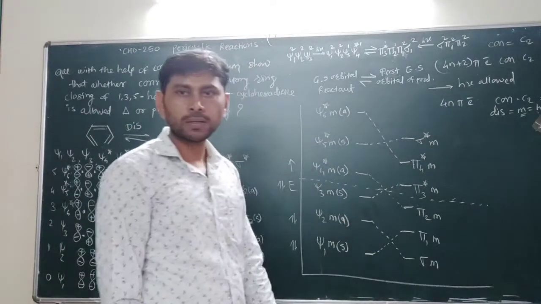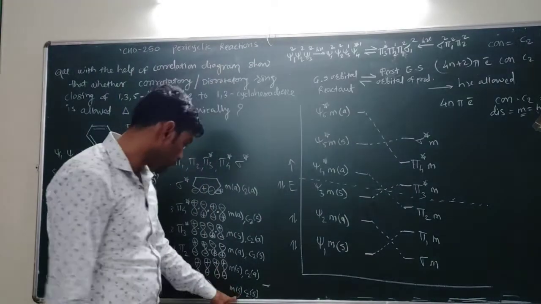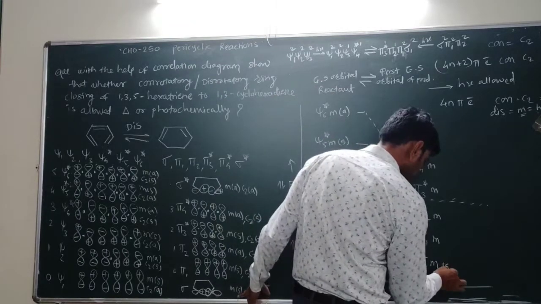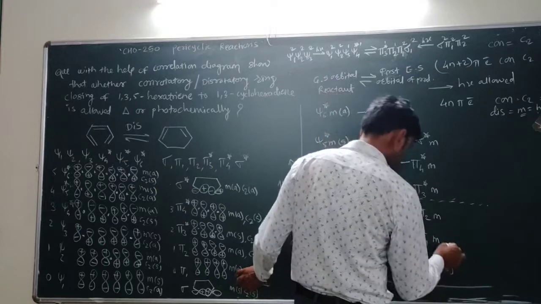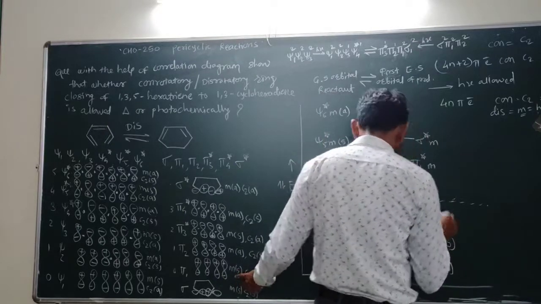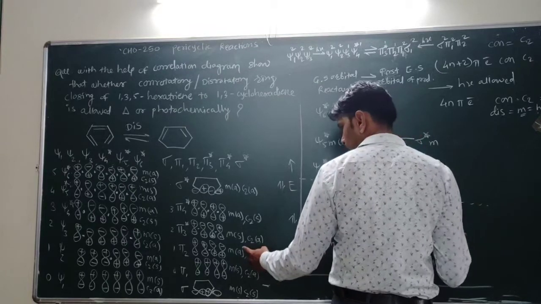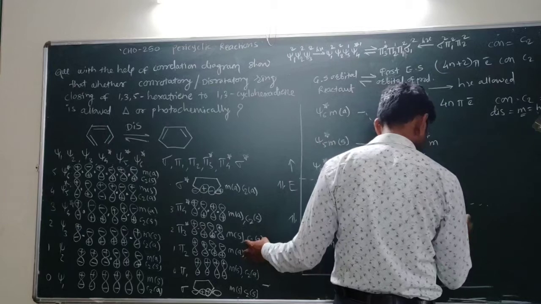Now let's go for the product M symmetries. For the sigma orbital, M symmetric. For pi1, M also symmetric. For pi2, M asymmetric. For pi3 star, M symmetric.